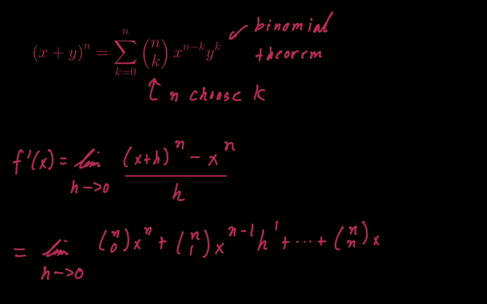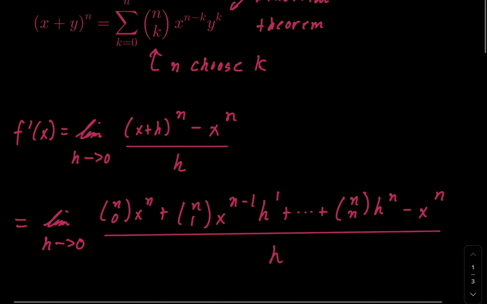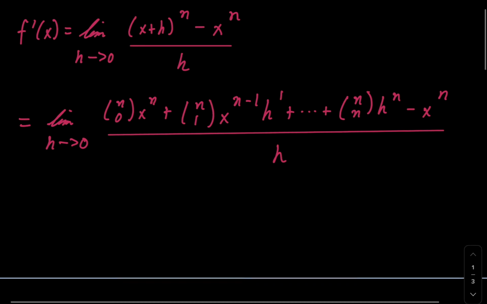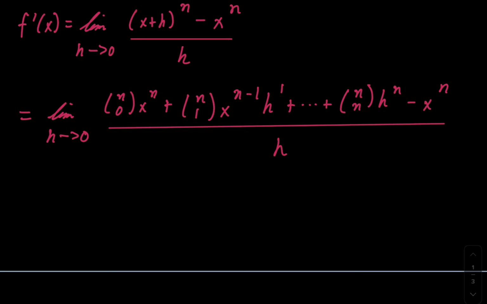And then we're going to have x to the n minus n, but that's going to be x to the 0, which is just 1, so we can get rid of that piece. And then we're going to have h to the n. All right, and then minus x to the nth power, and then all divided by h. All right. So far, this is what we have.